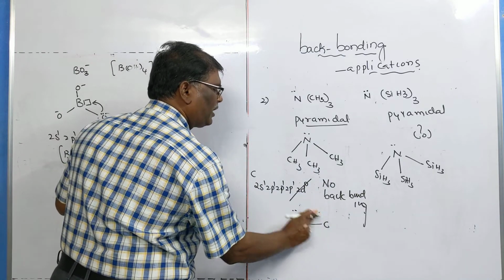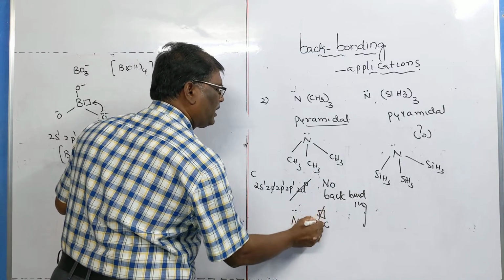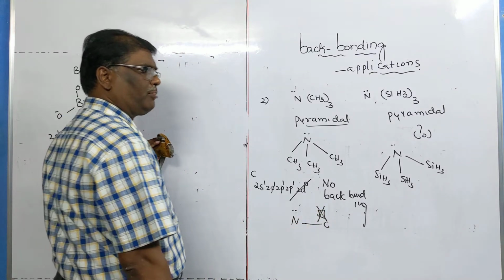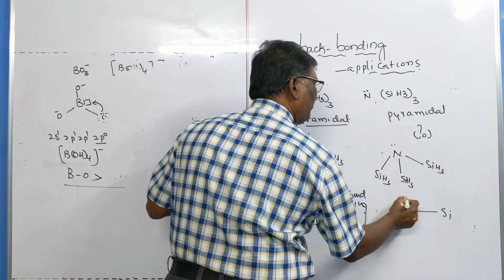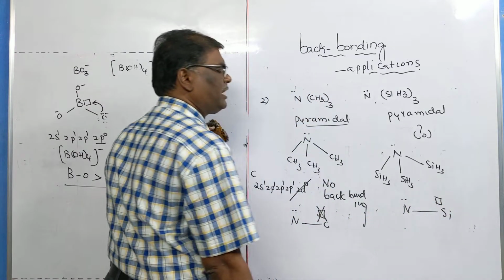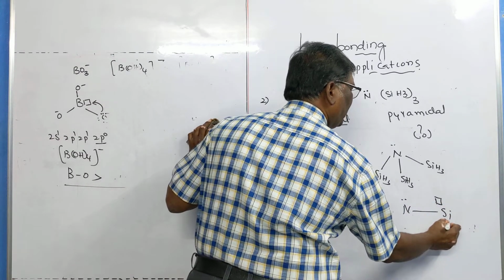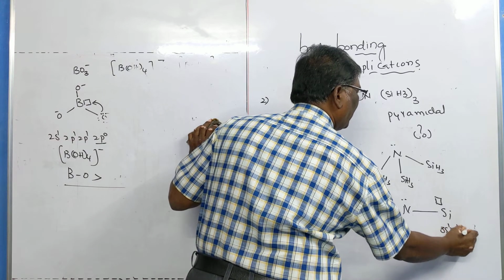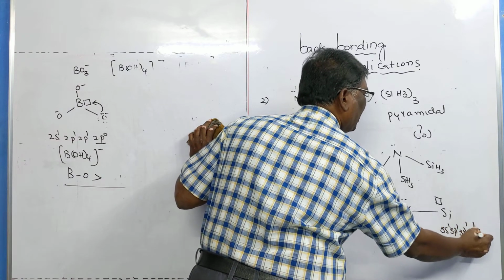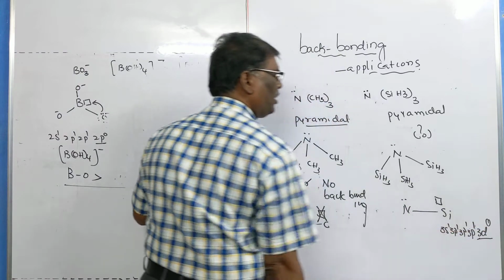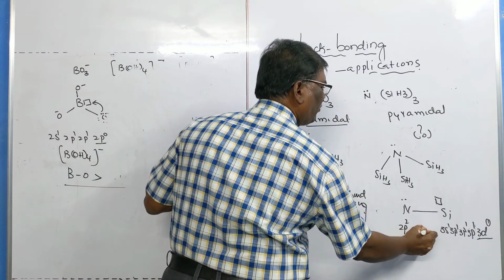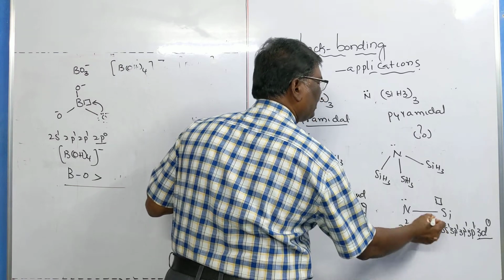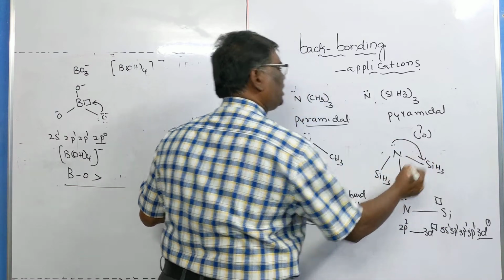Whereas between nitrogen and silicon there will be back bonding, because silicon has 3s1, 3p1, 3p1, 3p1 and still has a vacant 3d orbital. Nitrogen has a lone pair in 2p, so it can overlap with the vacant 3d orbital. Thus back bonding is possible.